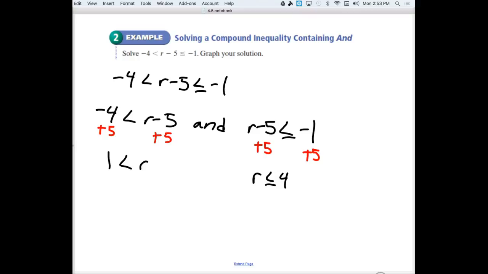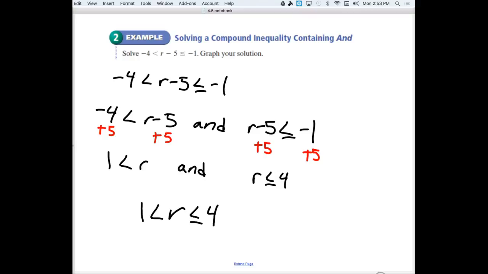Now we can see that our solution is going to be 1 is less than r, and r is less than or equal to 4. Now, how would we write this as one longer inequality? Again, we just have to sandwich the r. So we can do 1 is less than r, which is less than or equal to 4.